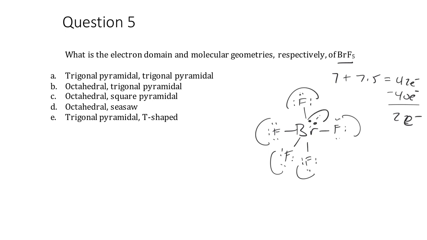And so those are going to go onto the positions of an octahedron. Why octahedral? Well, I have 6 total domains. 5 of them are bonding and 1 is non-bonding. That's how I get 6: 1 plus 5. That's the electron pair, and then the 5 bonds to fluorine. And so that should be octahedral electron domain geometry.